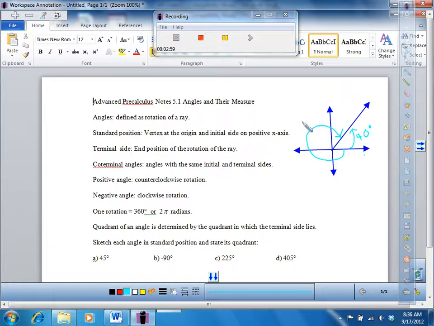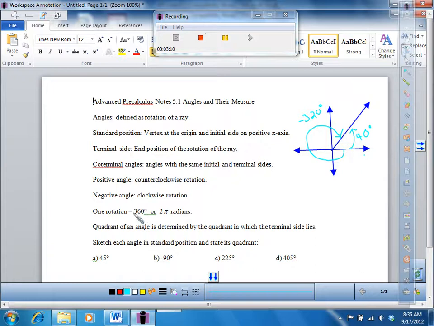That would be negative 320 degrees. You guys understand that, right? Because you're going in the negative direction, and it starts at the same initial side and ends at the same terminal side, okay?